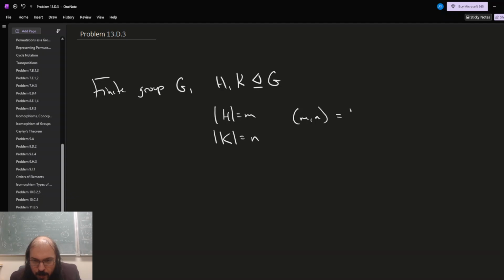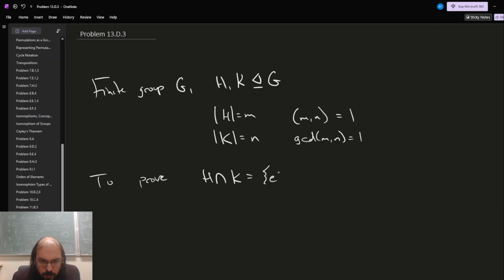We would write gcd(M, N) = 1. Then the claim, or the thing to prove, is that H intersect K consists of only the identity element.